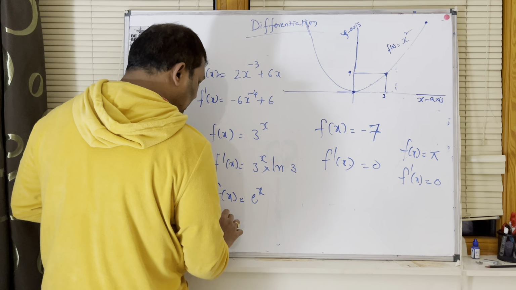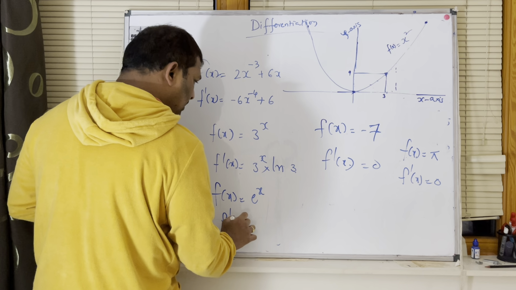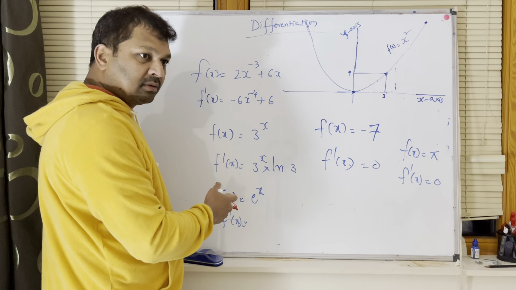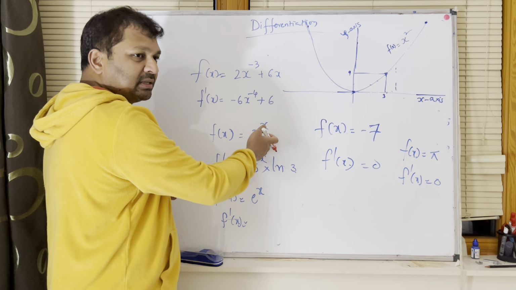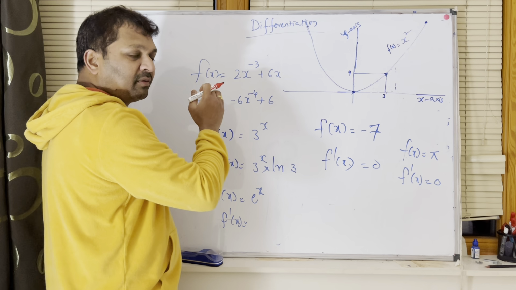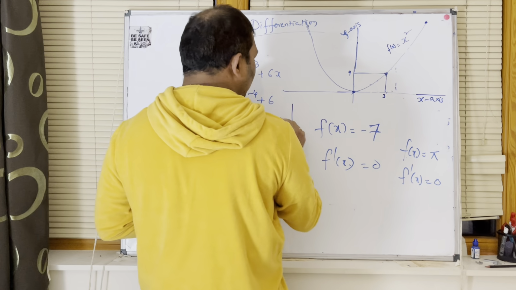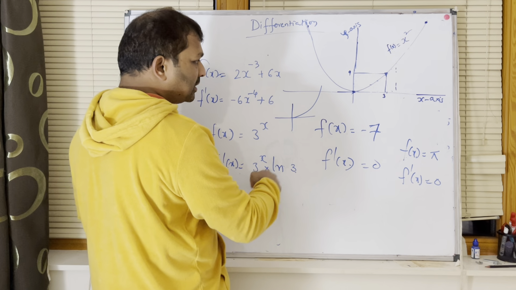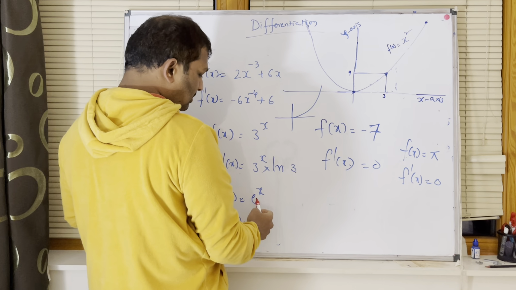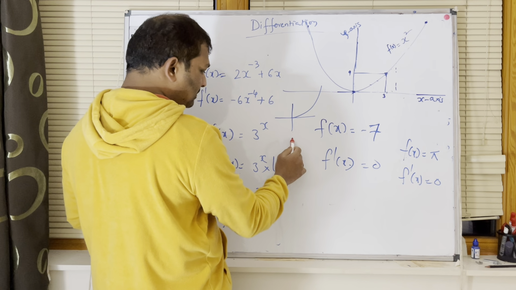So on your plot on a graph, 3 to the power of x. Put x as 1, put x as 0, x as 3. So it's kind of rising exponentially, something like this.